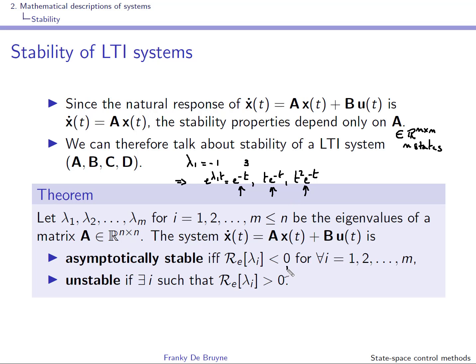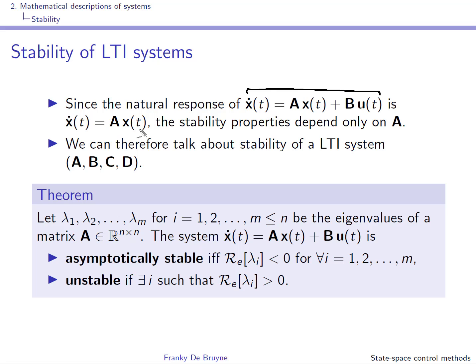Well, the natural response, that's the unforced response of this state equation, is shown over here, and the stability of this equation depends only on the matrix A, because we've just seen that the solution depends on the modes e to the lambda i t, and these are the eigenvalues of A. So we can therefore speak of the stability of an LTI system with a realization A, B, C, and D.